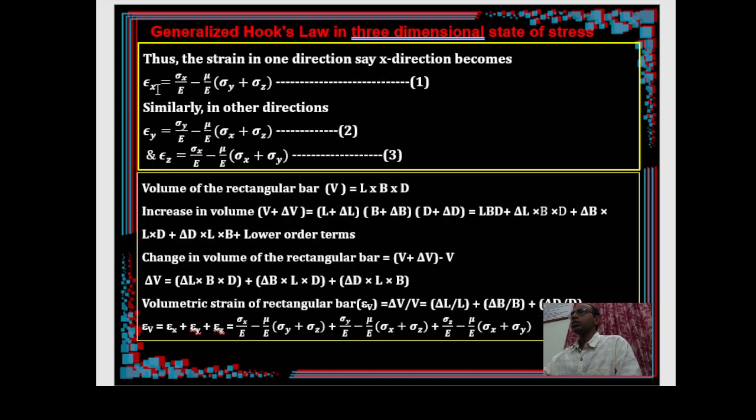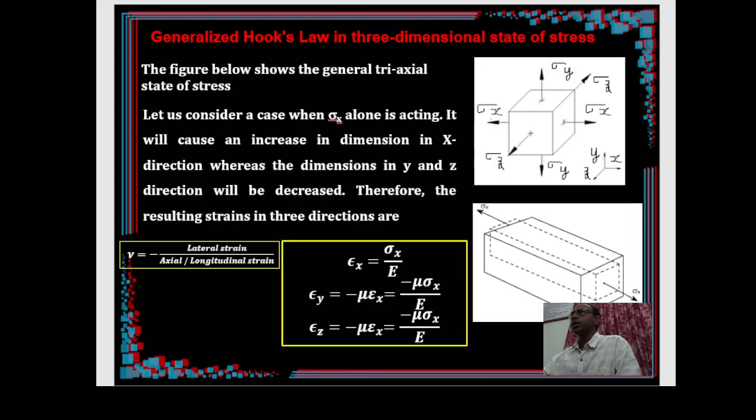Epsilon x equal to, when the stress is acting in x, y and z, then epsilon x will come in all the three cases. When the stress is acting in the x direction, there will be epsilon x. Maybe it is an extension, and the other two become contraction. So epsilon x is equal to sigma x by E, which we have calculated previously, right?